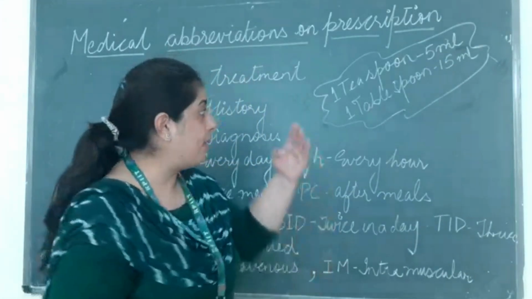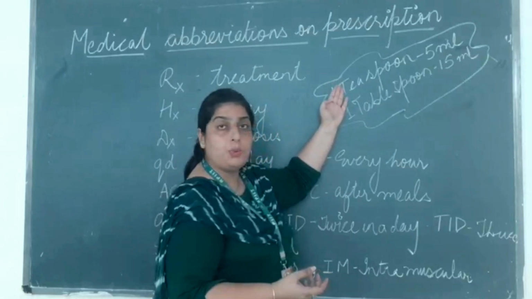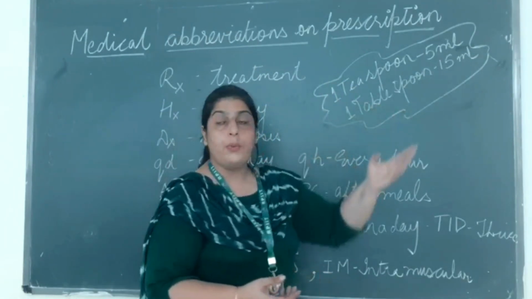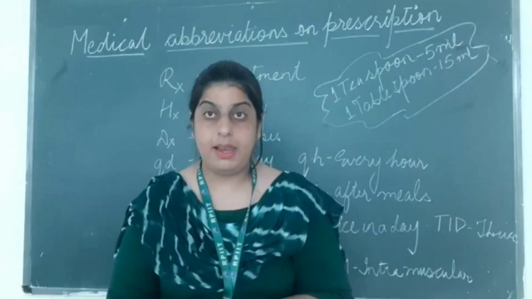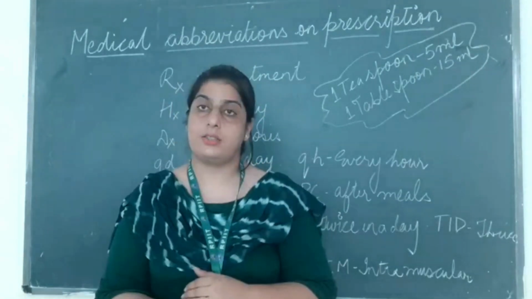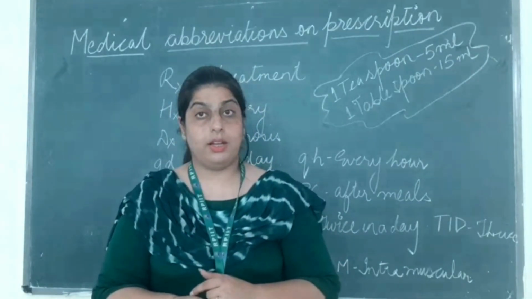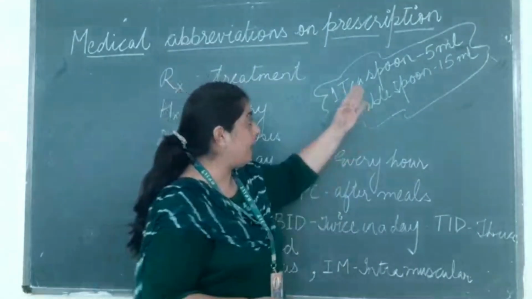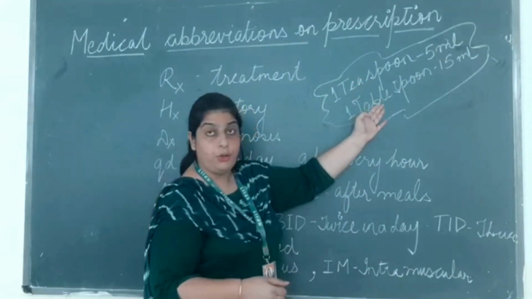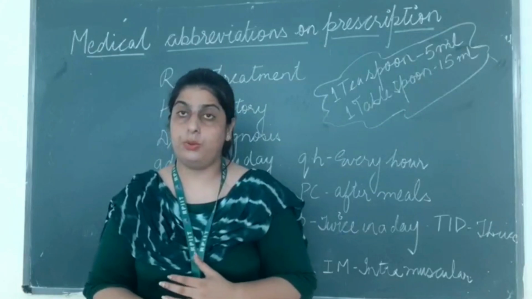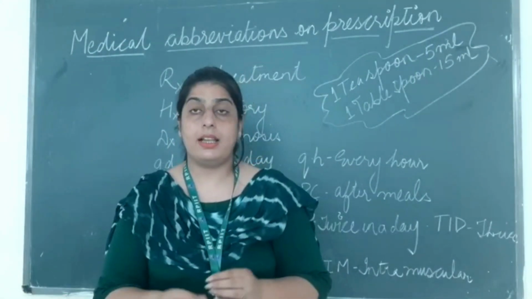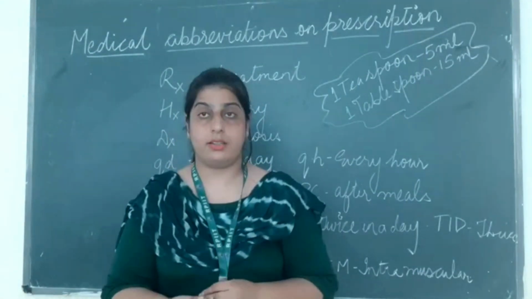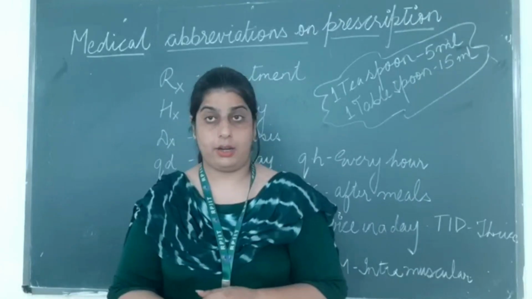So here I am discussing 1 teaspoon and 1 tablespoon. 1 teaspoon is 5 ml and 1 tablespoon is 15 ml. So I hope you will understand and will not get confused between 1 teaspoon and 1 tablespoon, because a slightly higher dose may result in fatal side effects.